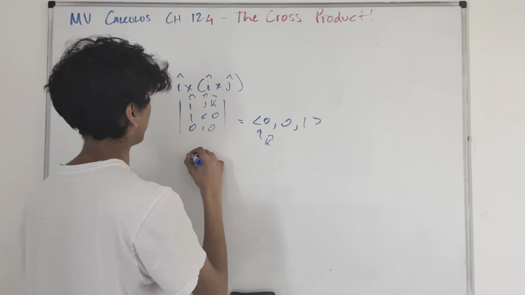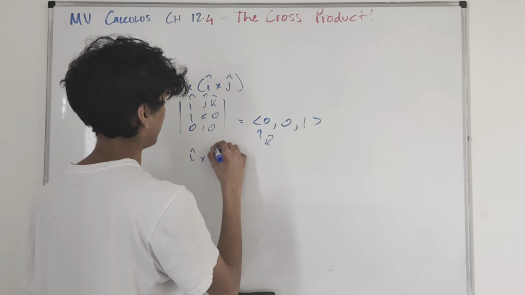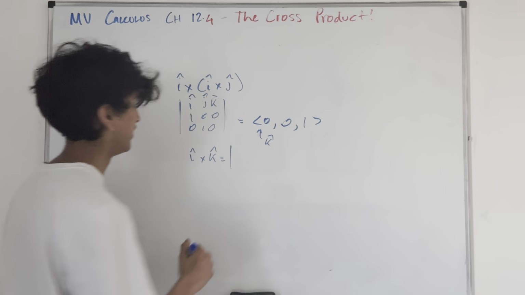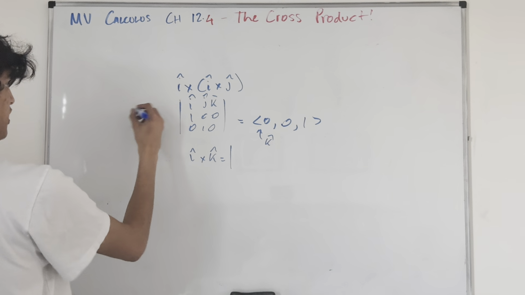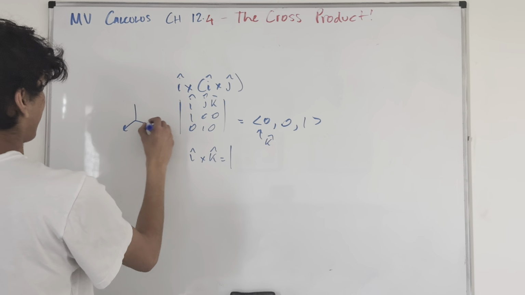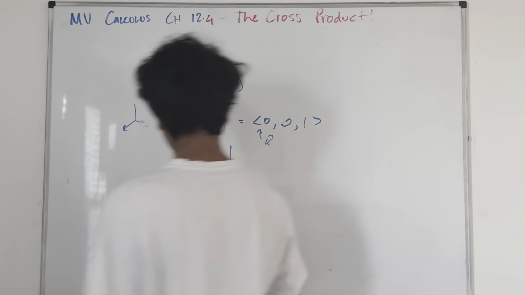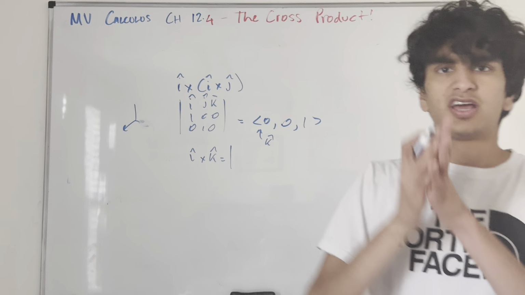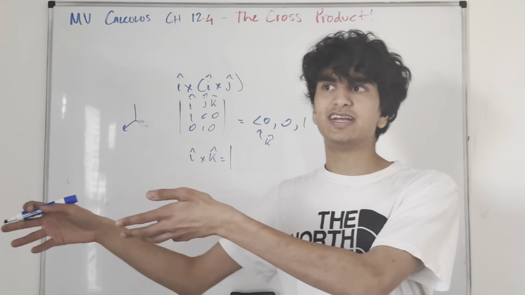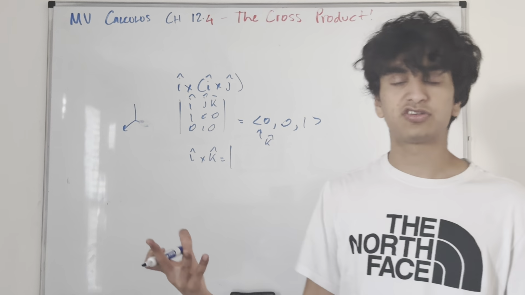So if I now do I hat cross K hat, let's think about what it's going to be. In fact, I'm not even going to evaluate it. We know it's going to have a magnitude of 1, because I is orthogonal to K: one is the Z direction, one is the X direction. So the magnitude is 1 times 1 times sine 90, and sine 90 is 1.